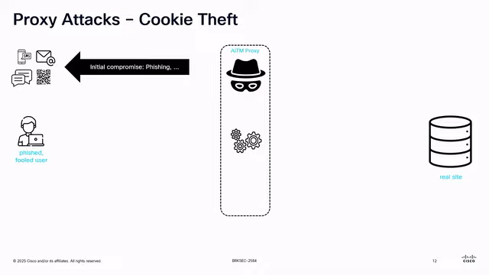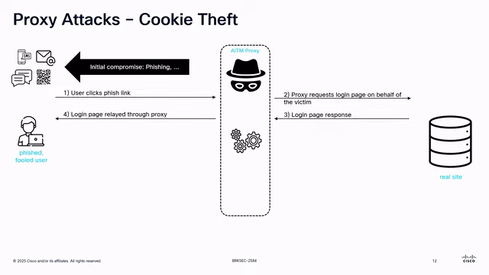And then these proxies, such as Evilginx, become a full proxy, relaying traffic between the tricked user and the real site. The user will click on a phish link, right? And then the proxy forwards and relays all the packets between the two parties.